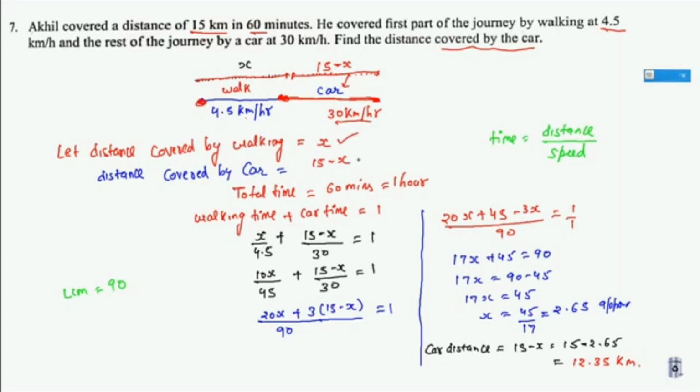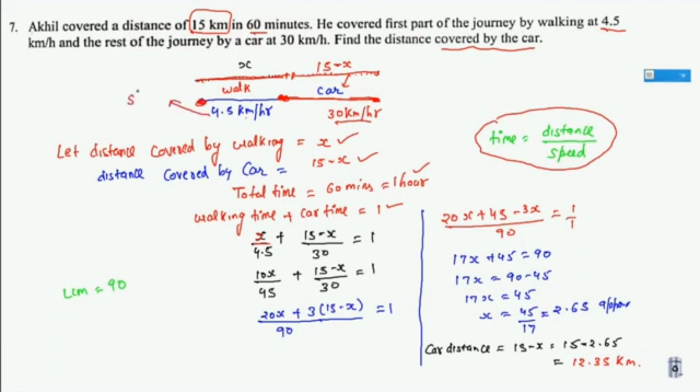Total time 60 minutes means 1 hour. So walking time plus car time is equal to 1, because it is given total time is 1 hour. We know that time equals distance by speed. Speed is given, so x by 4.5 plus 15 minus x by 30 is equal to 1.